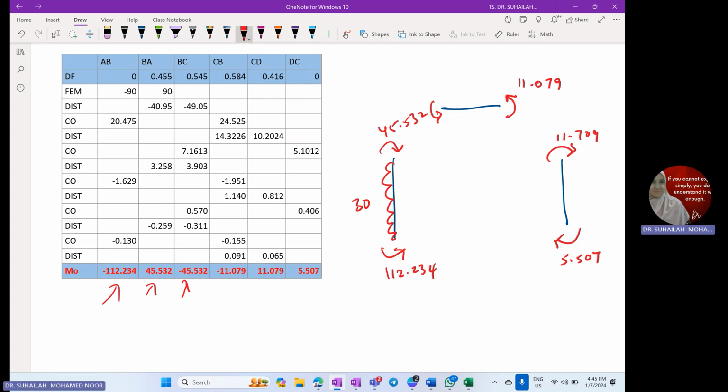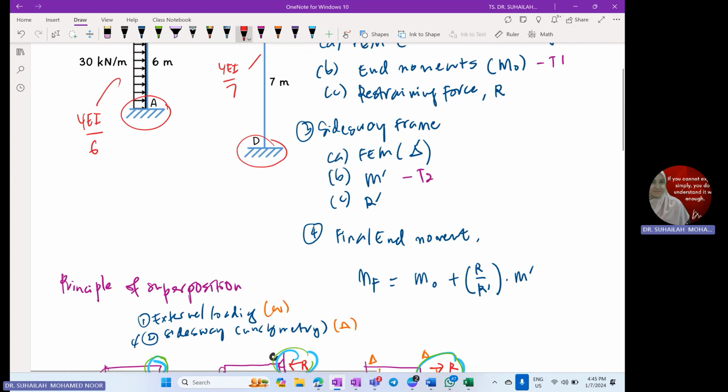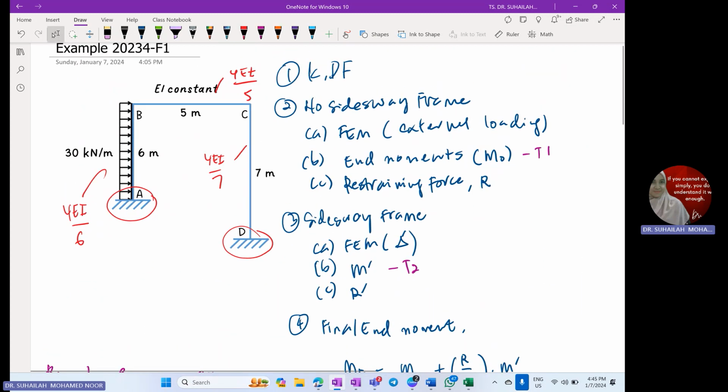Okay, now we have to move to step 2C to calculate restraining force. So how to calculate this restraining force?